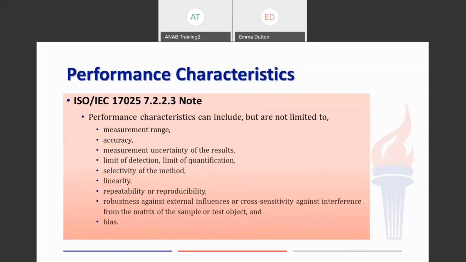You could be looking at the measurement range, the accuracy, the uncertainty, the limits of detection or quantification, selectivity of the method, linearity, reproducibility, repeatability, or robustness, as well as cross-sensitivity or bias. So let's take a look at a few of these performance characteristics.